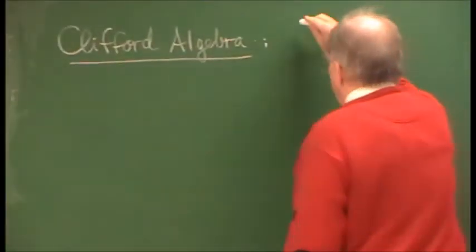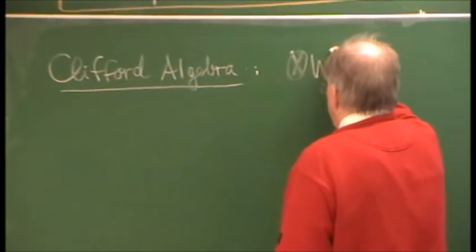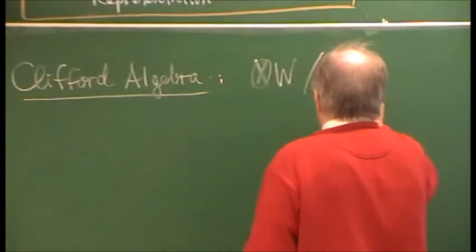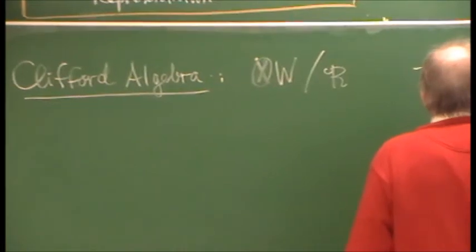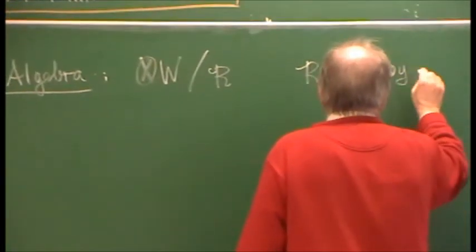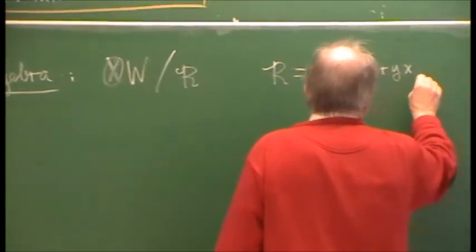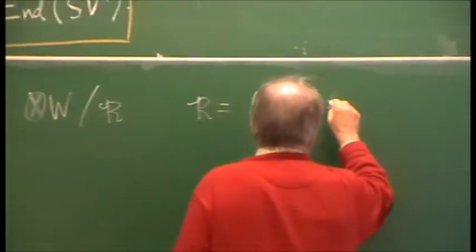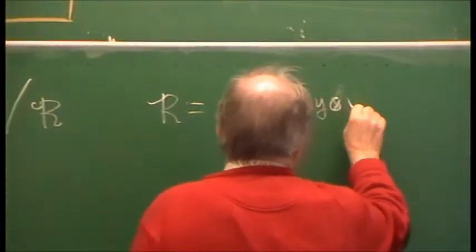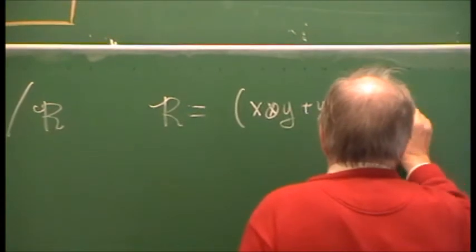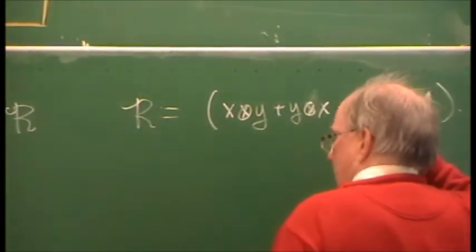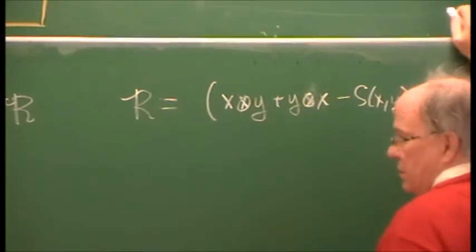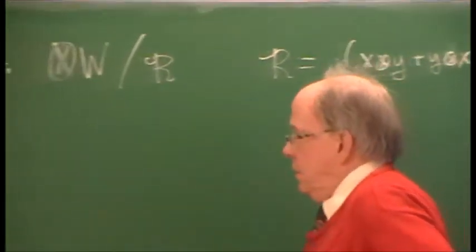Remember what this was. This was a full tensor algebra modulo the relations, and these relations are the ideal generated by xy plus yx minus s of xy times 1 for homogeneous elements in W. Okay?